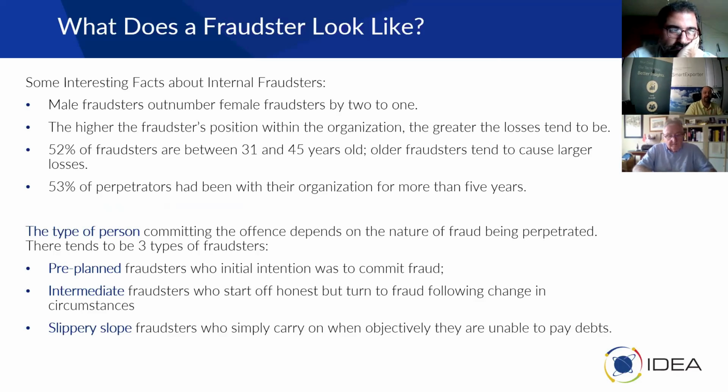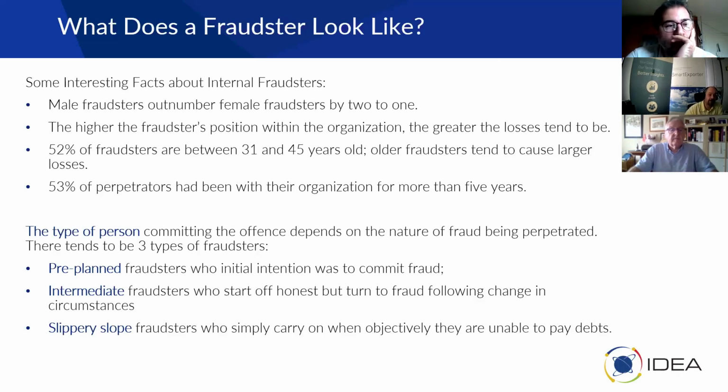Well, there are some interesting facts about the internal fraudster according to the ACFE insights. 42% were staff-level employees, and 36% were mid-level managers. 44% were not living beyond their means. 45% work in the accounting, primary operations, or sales function of the victim organization.